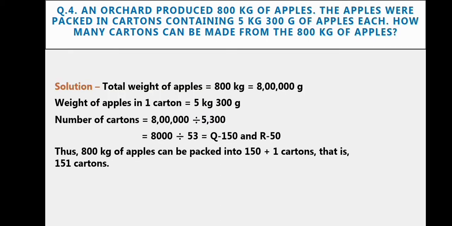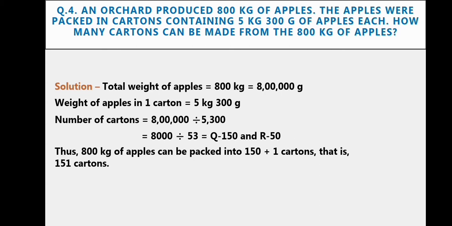Let's see the solution. Total weight of apples is equal to 800 kg, that is equal to 8 lakh gram. Weight of apples in one carton is equal to 5 kg 300 gram. Number of cartons is equal to 8 lakh divided by 5,300. That is equal to 8,000 divided by 53, and that is equal to quotient 150 and remainder 50.